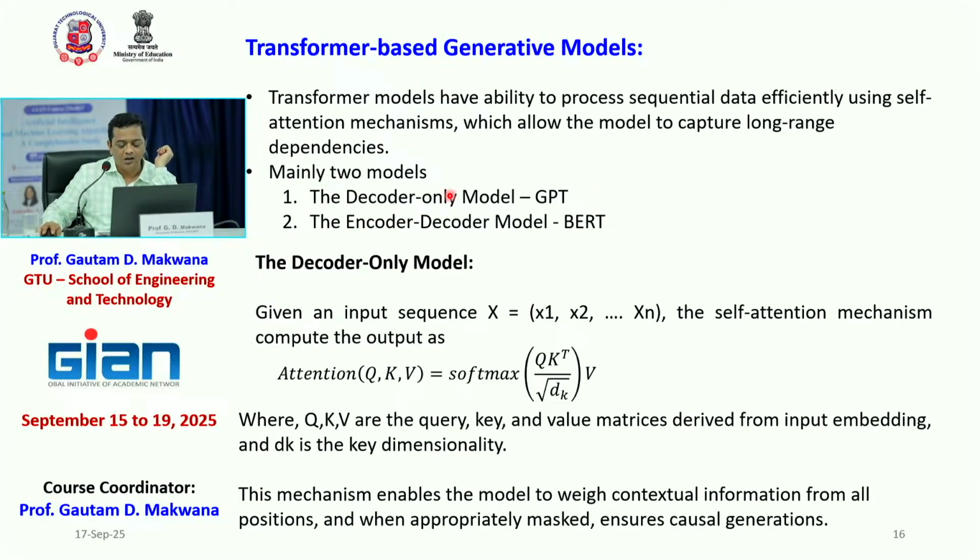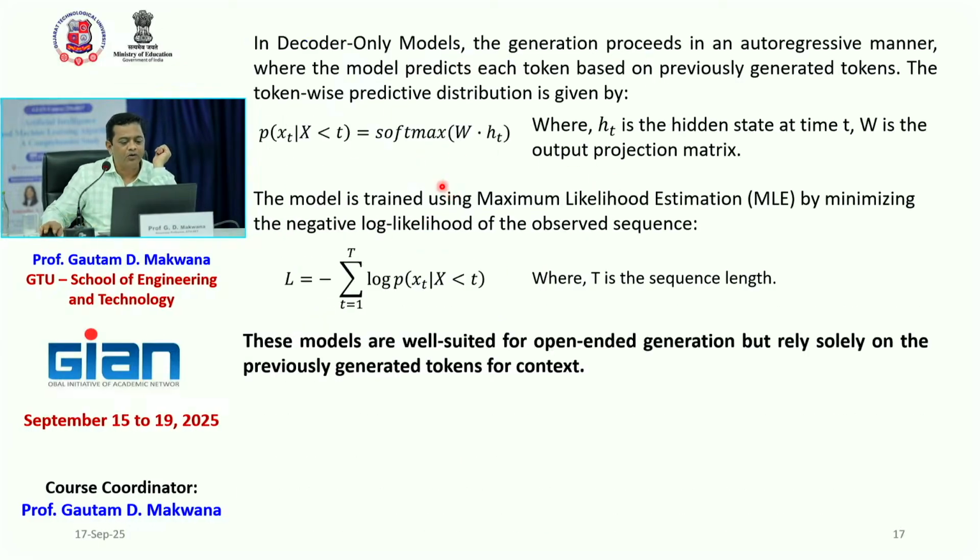In the case of GPT, this model is well suited for open-ended generation, but relies solely on the previously generated tokens for the context. ChatGPT is suited for open-ended generation, but relies solely on the previously generated tokens for the context.